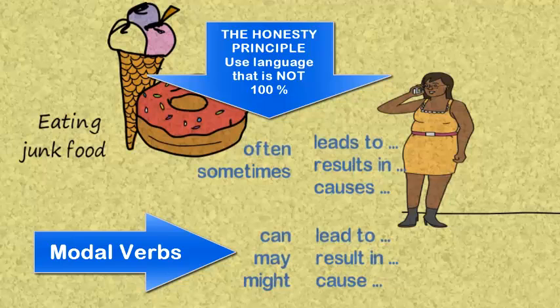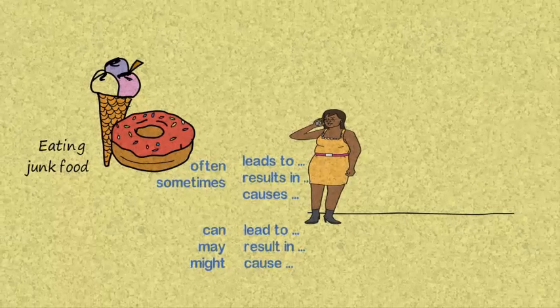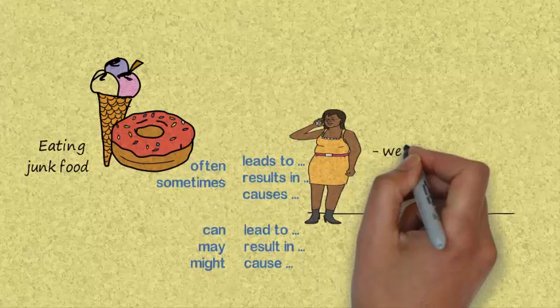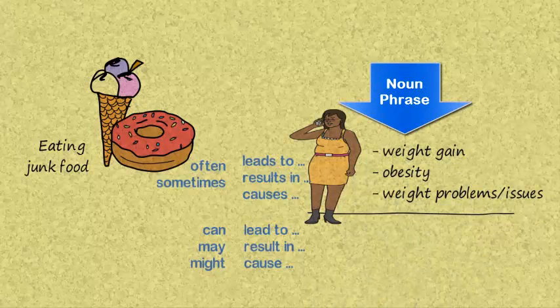So using the modal verb in speaking can make it easier. So we can say can lead to, or may result in, or might cause. Now, of course, another important factor with cause and effect language is the noun phrase to describe the effect. Always think of options there as well. So it could be weight gain, it could be obesity, or weight problems, or weight issues.